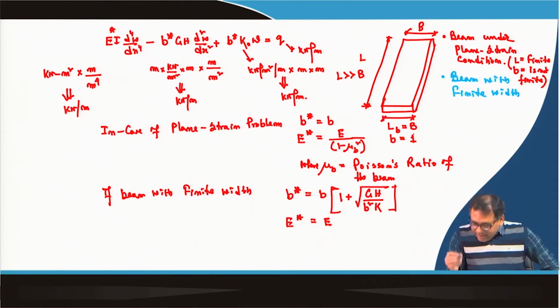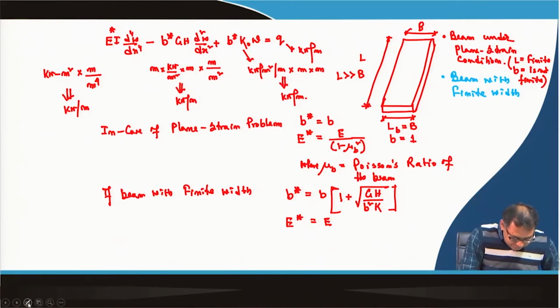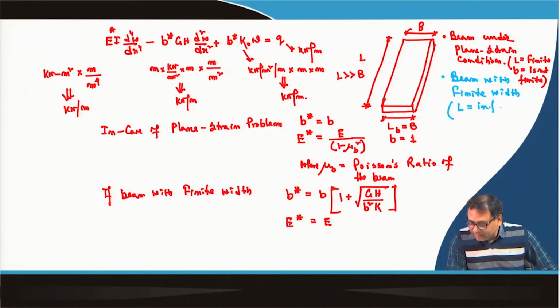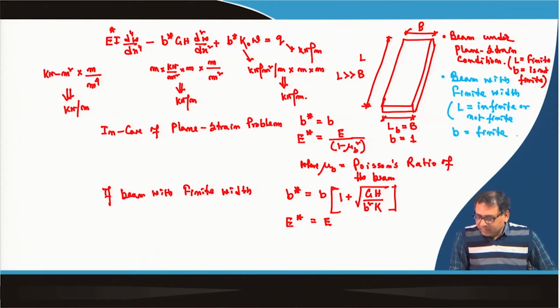Okay? And in the second case, if your beam is with finite width, in such case your L is infinite, because beam has a finite width. So, L is infinite or not finite, but width is finite. Okay.